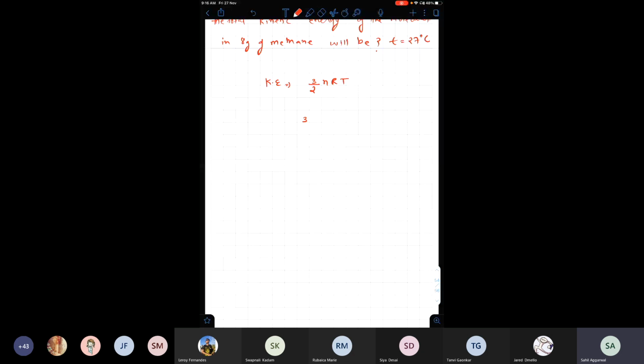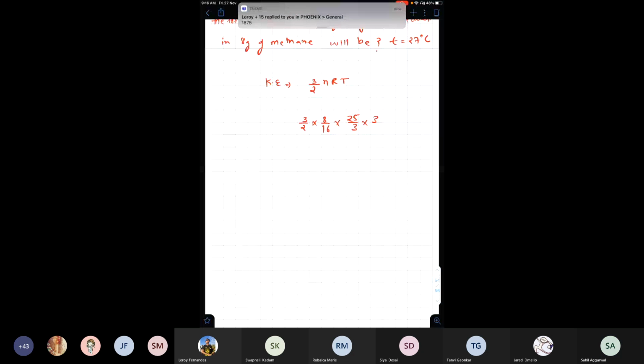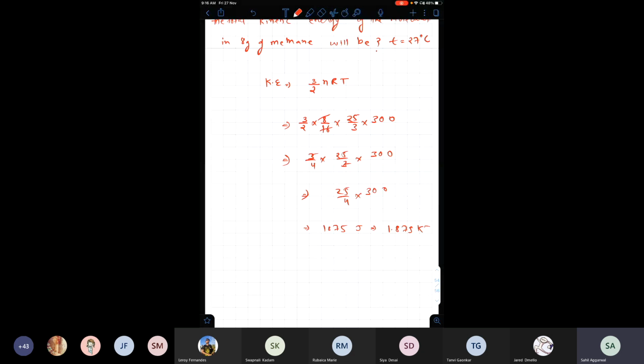So 3 by 2 into nRT. This will be 3 by 4 into 25 by 3 into 300. So 25 by 4 into 300. Okay, so this is how you are getting 1875 joule or 1.875 kilojoule. Okay, right.